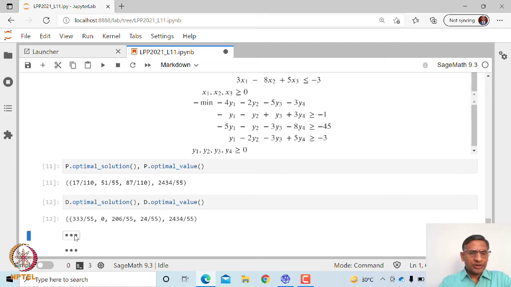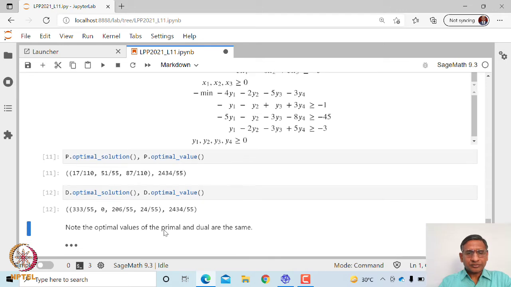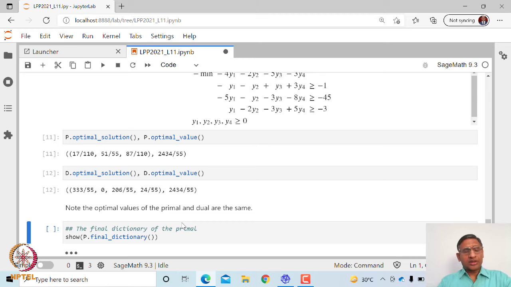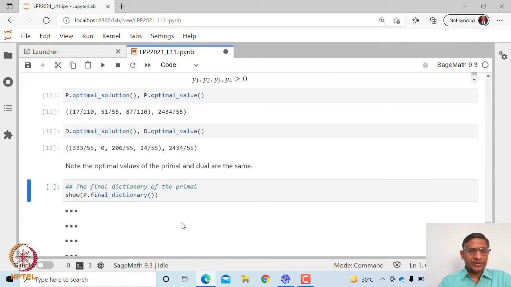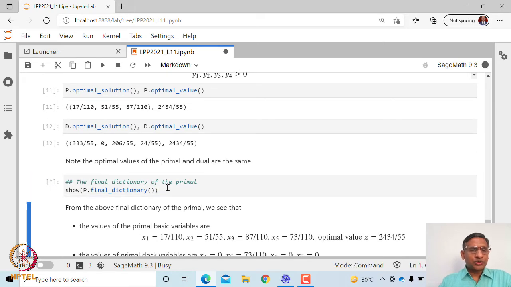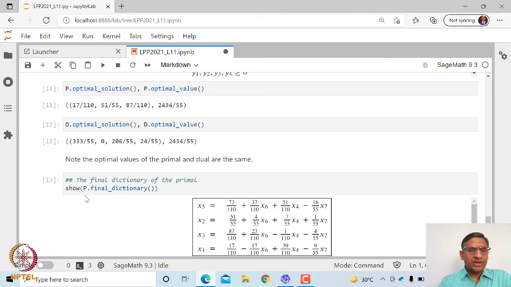Also try to compare the values of the primal variables and the slack and surplus variables in each of these problems; there will be a relation. Okay, now let us ask it to show P dot final dictionary.